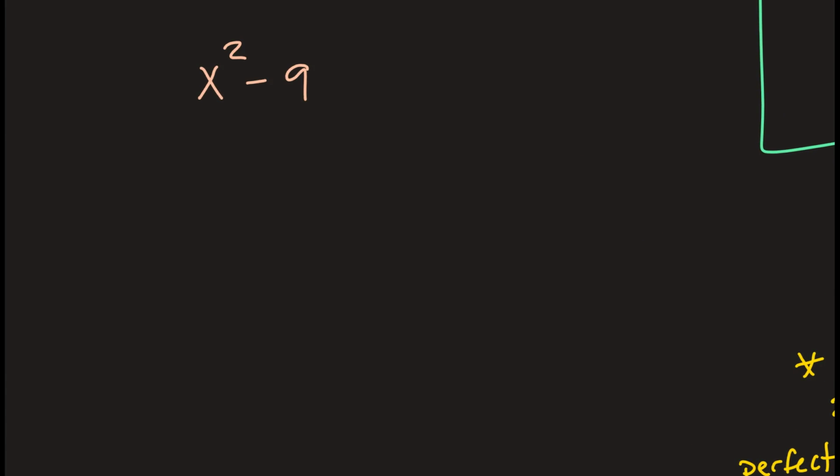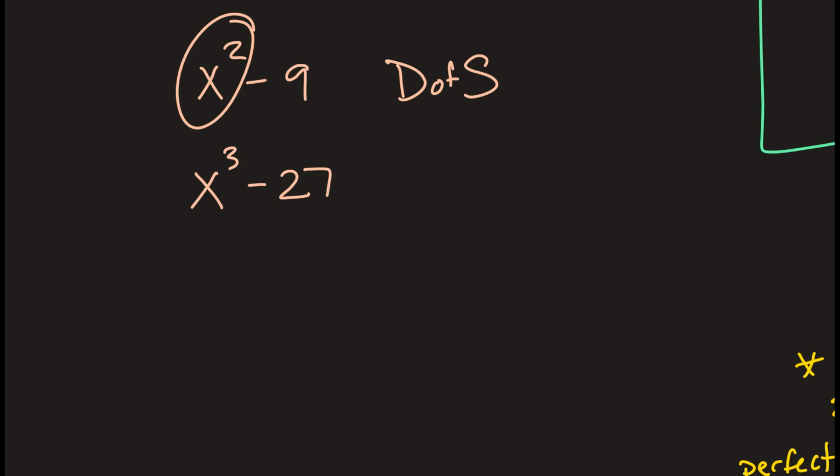So, okay. Side note. What would I use on this one? Difference of squares, because 9 is a perfect square. Also, this is x squared, which is a perfect square. What would I use on this one? Difference of cubes, because they're both perfect cubes. What would I use on this one?